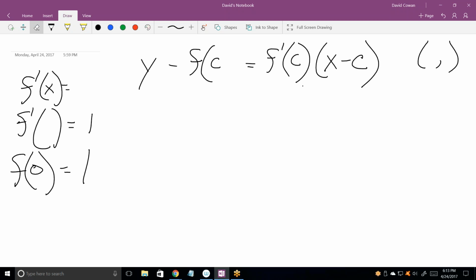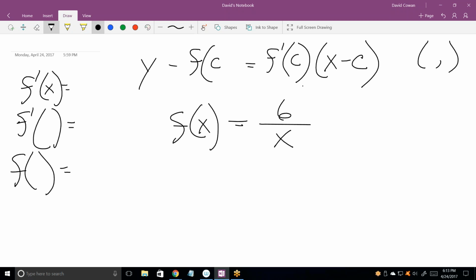It is 6 over x squared. Okay, so f of x is 6 over x squared. And the point they want us to find it on is 2 comma 3 over 2.